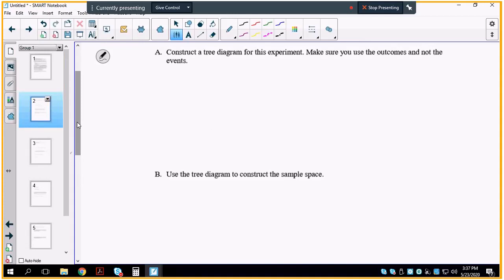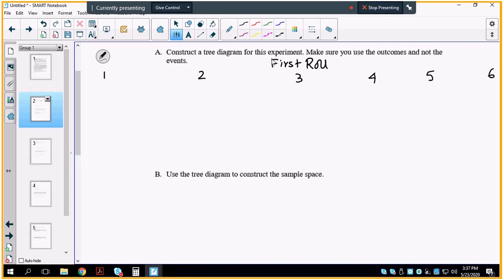So what we're going to do, we're going to first say first roll. That's where we're going to start our problem. In the first roll, I have 6 different outcomes. And these are 1, 2, 3, 4, 5, and 6.